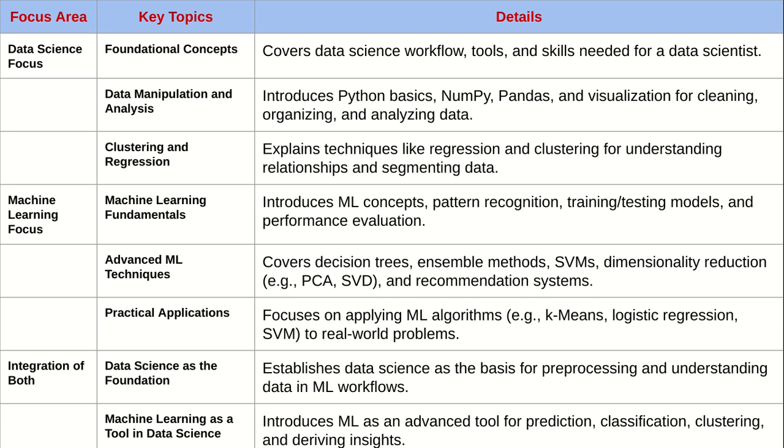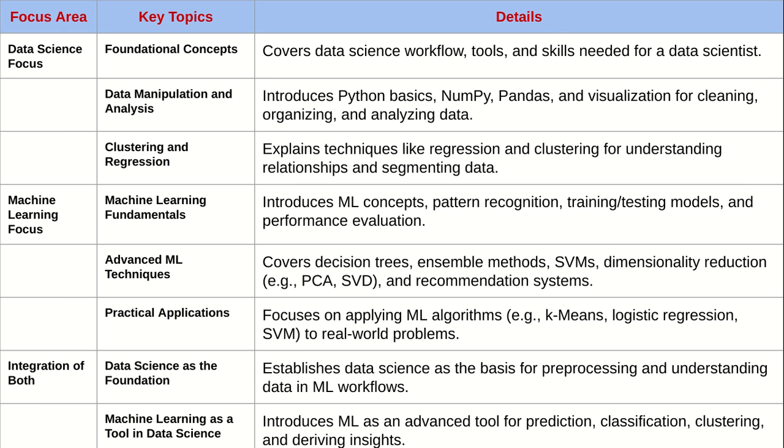So I created a table like here. So we have data science focus. Which areas are going to focus on data science? We have the foundation concept, so things like data science workflows, tools, skills needed for data scientists. That is the introduction part.